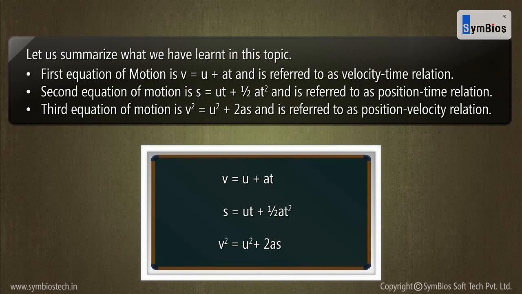Second equation of motion is s is equal to ut plus half at square and is referred to as position time relation. Third equation of motion is v square is equal to u square plus 2as and is referred to as position velocity relation.